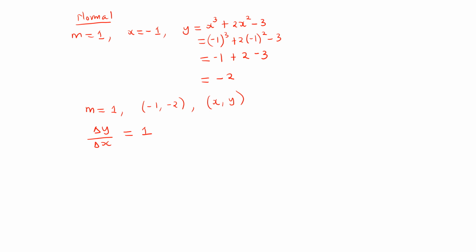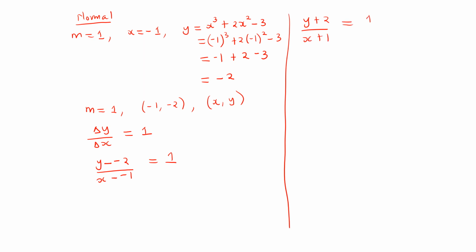So we take change in y, which will be given by y minus -2, divided by the x coordinate minus the corresponding x coordinate, which is -1, should give us +1. So negative and a negative, giving us a positive. Y plus 2 divided by x plus 1 should give us +1.